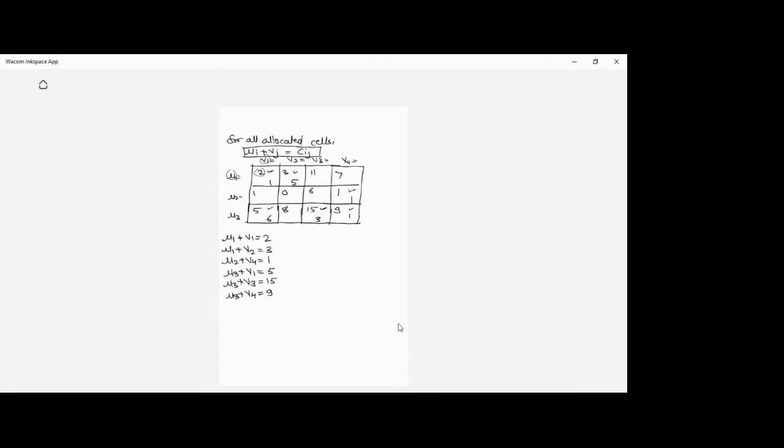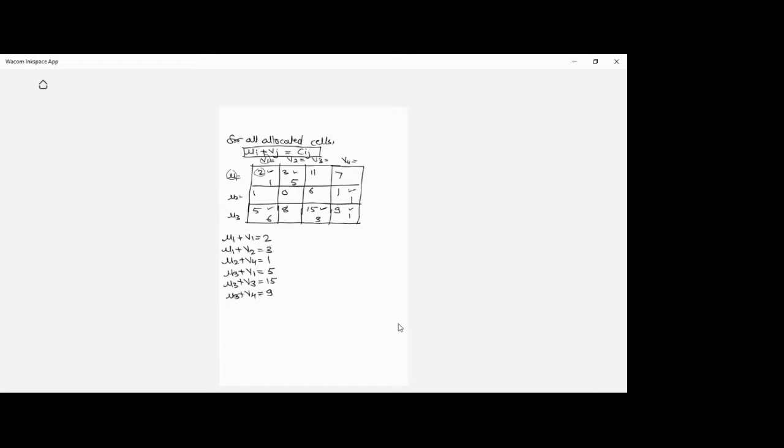Now I have to find out the values of u1, u2, u3, v1, v2, v3 and v4. But here you can see how many unknowns I have. I have 1, 2, 3, 4, 5, 6, actually I have 7 unknowns. I have 6 equations and 7 unknowns, right? So this is not solvable as it is. I should have some value.